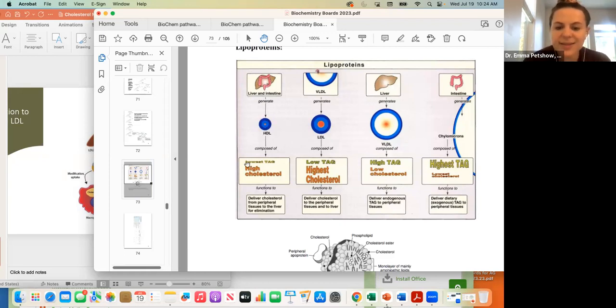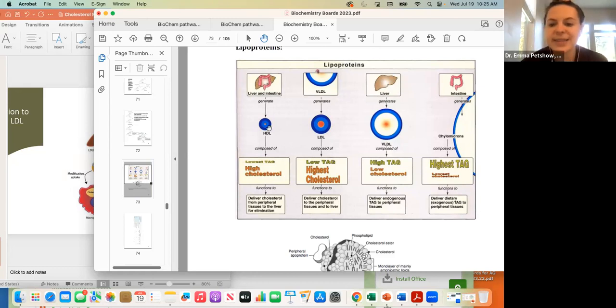And HDL has the lowest amount of fatty acids, so the lowest TAG, and a high amount, not quite as high as LDL, but pretty high amount of cholesterol. And its purpose is to take cholesterol from our peripheral tissues and move it back to the liver to eliminate it or to break it down for use in other ways. This could be to generate steroid hormones.